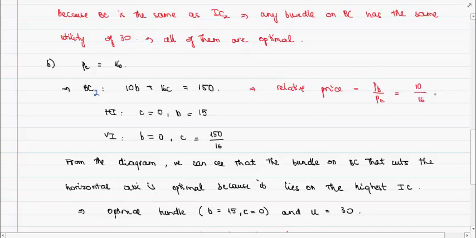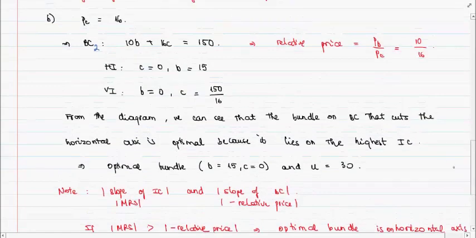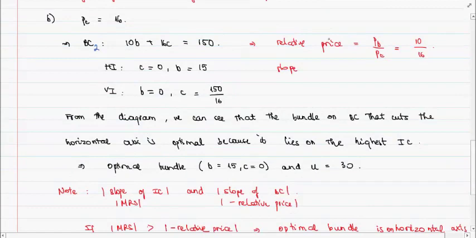That is just going to be equal to 5 on 8. I'll just leave it, it doesn't matter. So that is my relative price, and the slope of the indifference curve, or the marginal rate of substitution, is still negative 2/3.